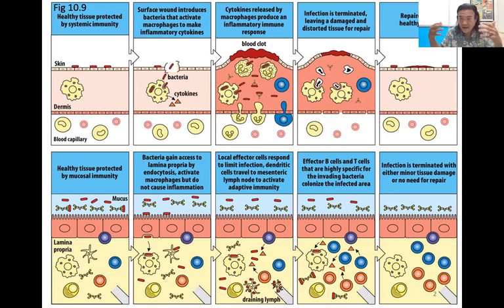Because then all of that normal commensal bacteria that's in your gut would suddenly come flooding into your tissues. And ironically, that would be potentially even worse than the initial infection of whatever bacteria was getting in by itself.